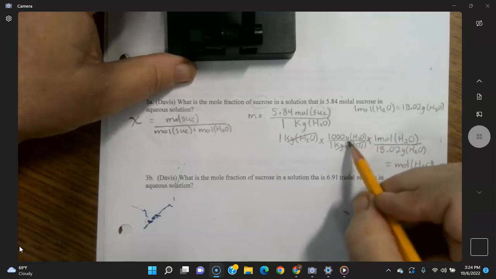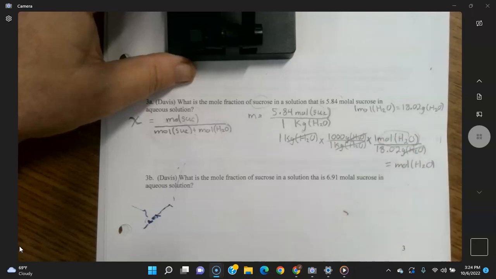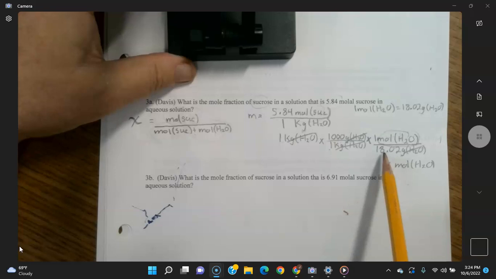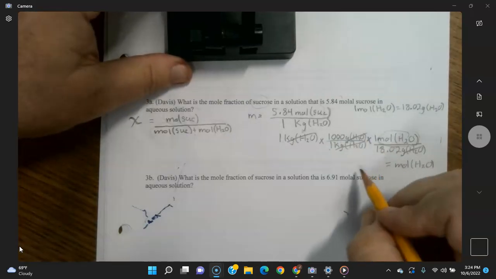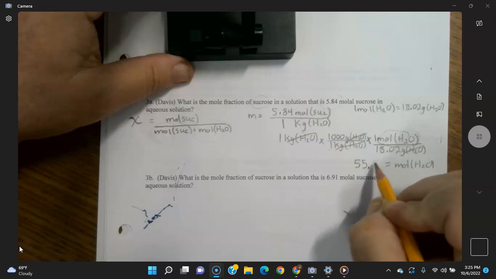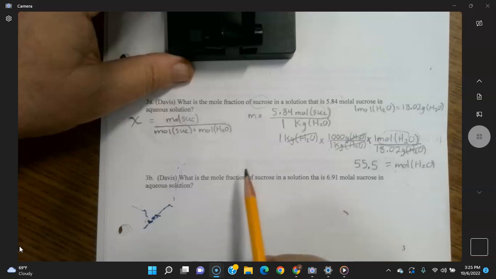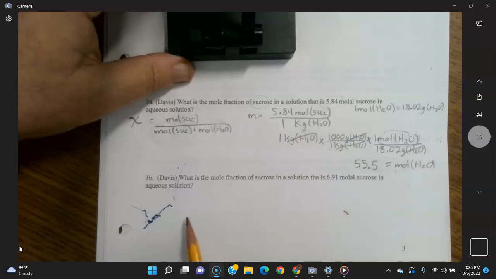So grams of H2O up here cancels with this down here, and I end up with what I needed, moles of H2O. So basically it boils down to 1,000 divided by 18.02. And when you do that on your calculator, you will get 55.5 moles of H2O. So that's how many moles there are in 1 kilogram of H2O.